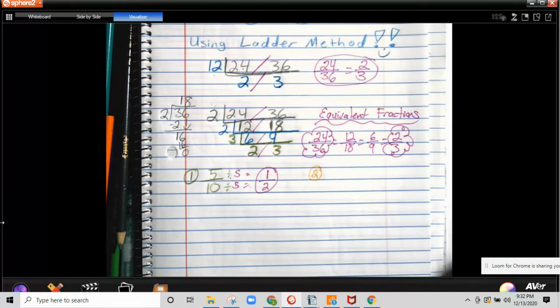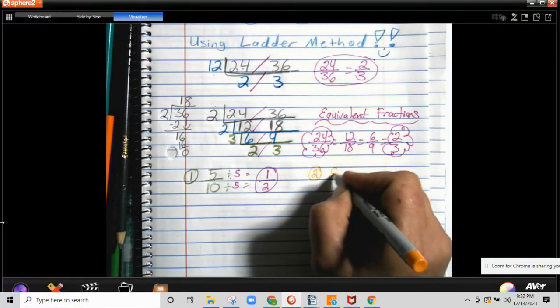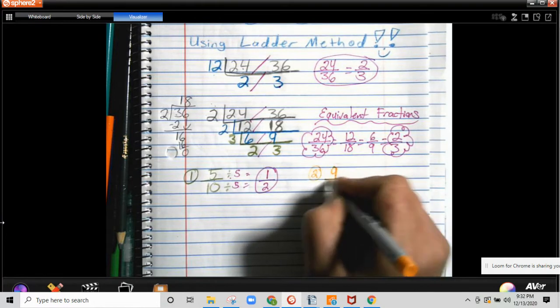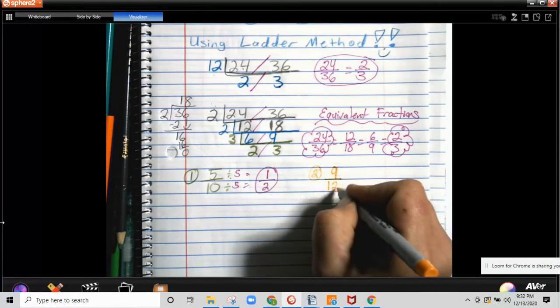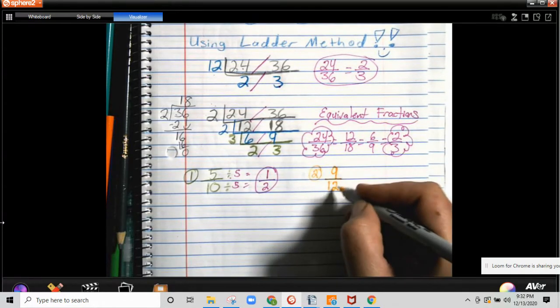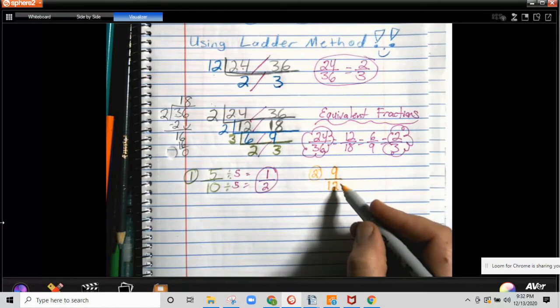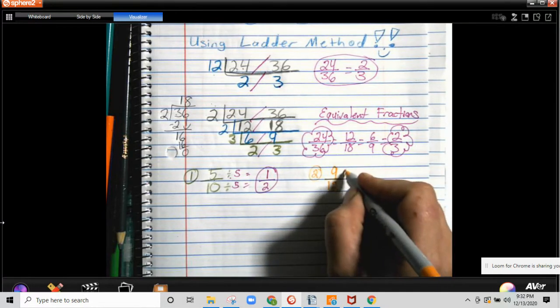All right, what if I have one that's like this? Let's do 9 over 12. Well, I know that there's a relationship within the 9 and 12 regarding another number. So I just need to think about, hey, what number goes into both 9 and 12? And you know what, guys?